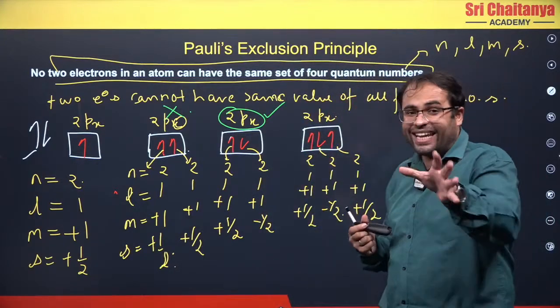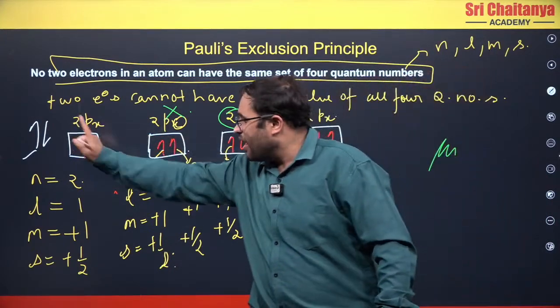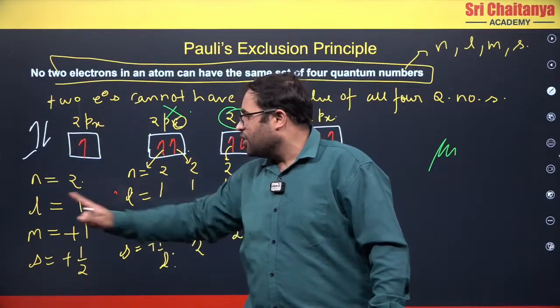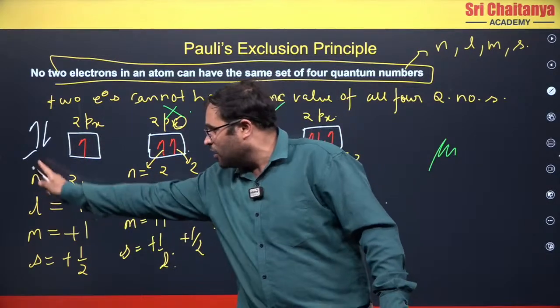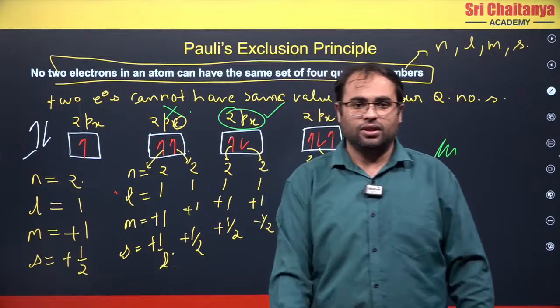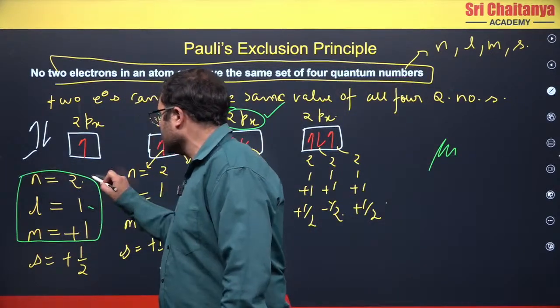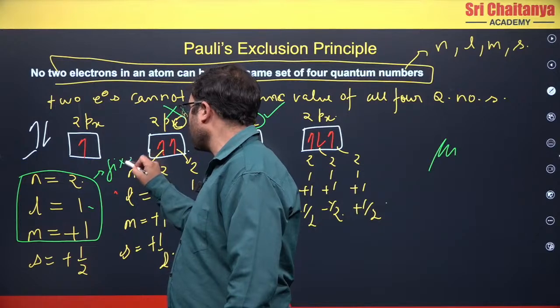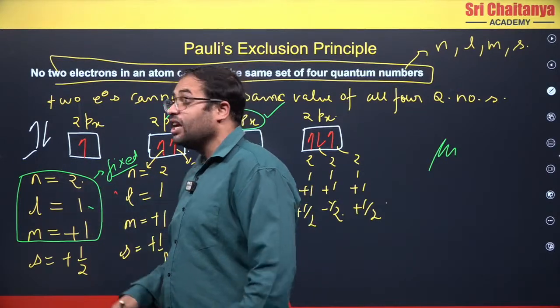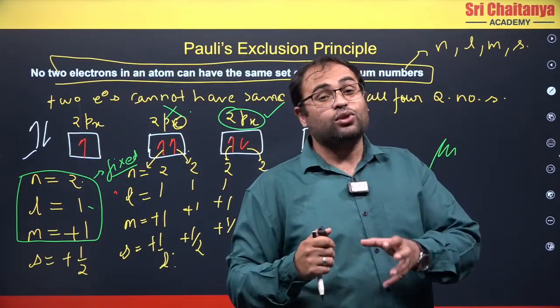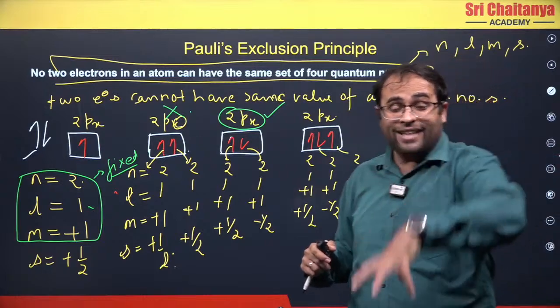Because the orbital is the same, the n value, the l value and the m value are already fixed. You cannot change them because these values are decided by the orbital.